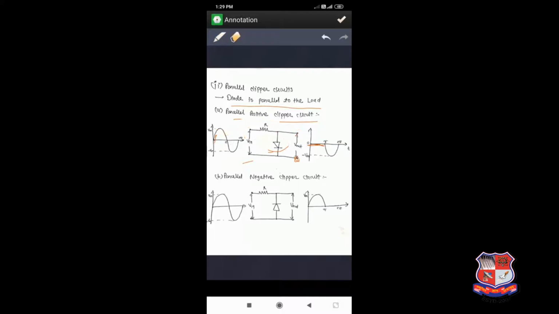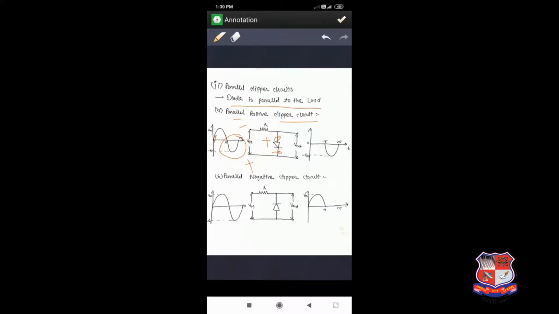Now for the negative cycle, when the negative cycle is applied, this terminal is minus, this terminal is plus, so the diode is in reverse bias, minus connected to the anode and plus connected with the cathode. So this diode is in reverse bias and acts as an open switch.